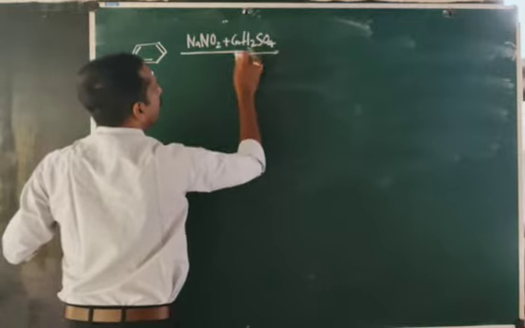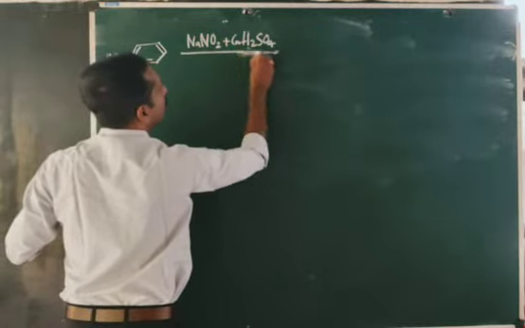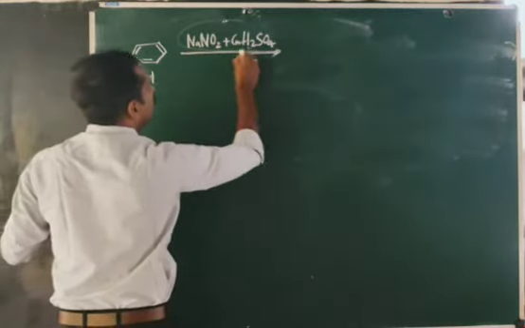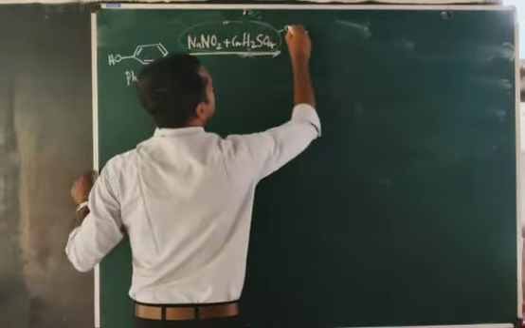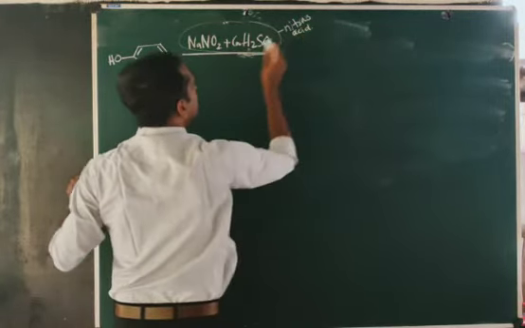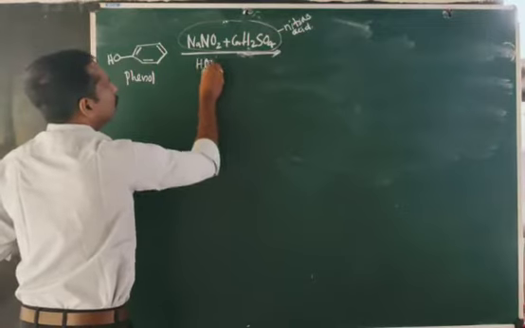What is this mixture of NaNO2 and concentrated H2SO4? It is nitrous acid. What is the formula? HNO2.